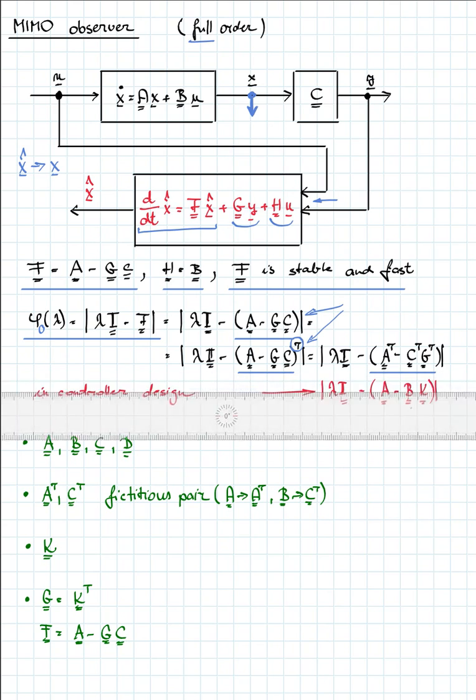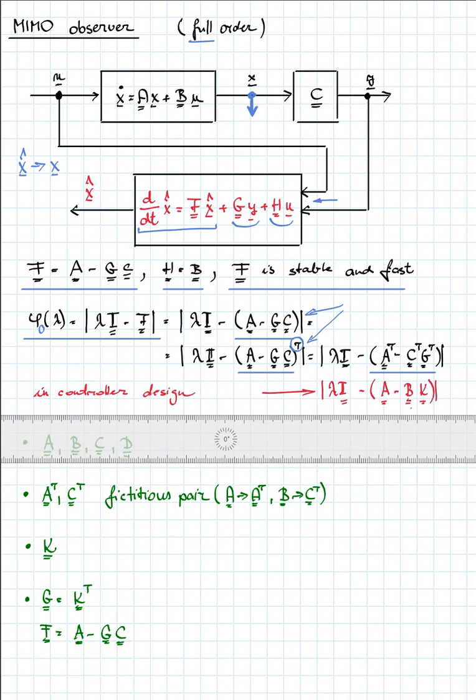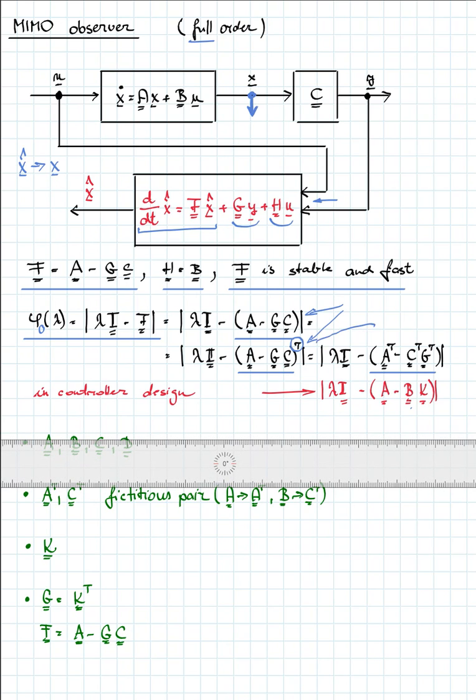And if we go back to the controller design for a moment, we used this kind of determinant, which I put here with red, and we can see that they are very similar. I mean, these two representations.